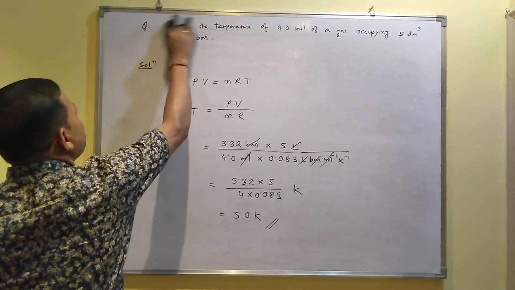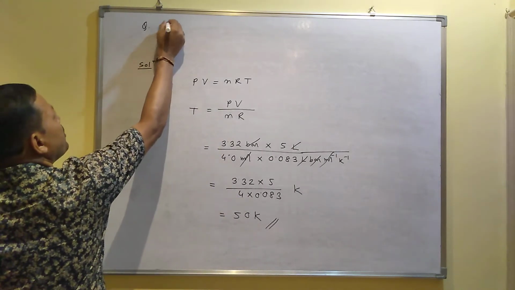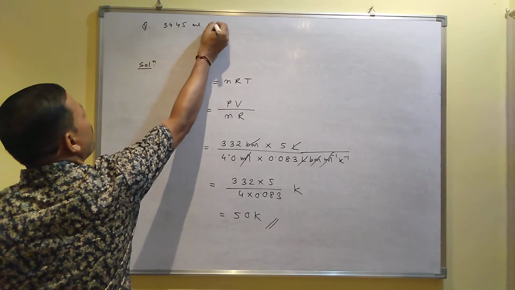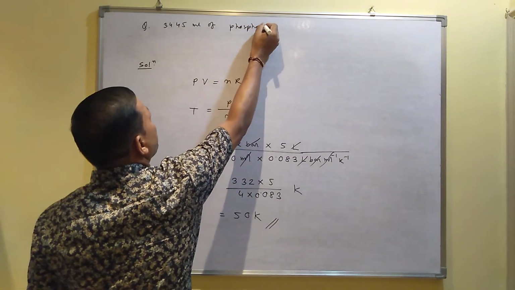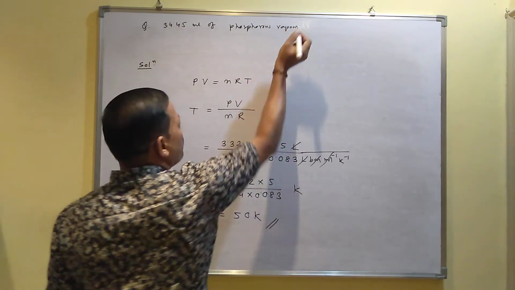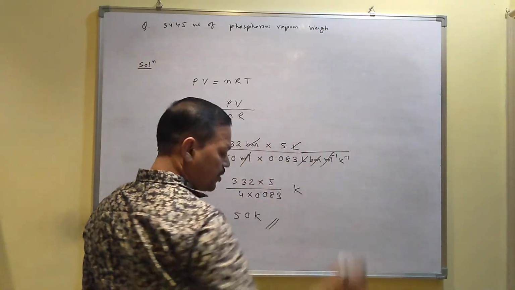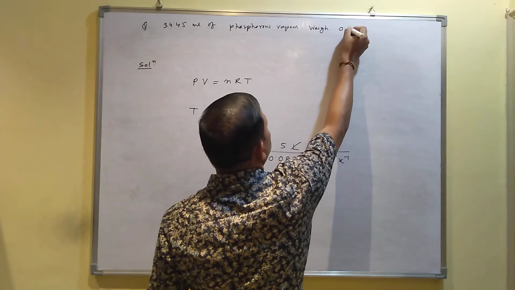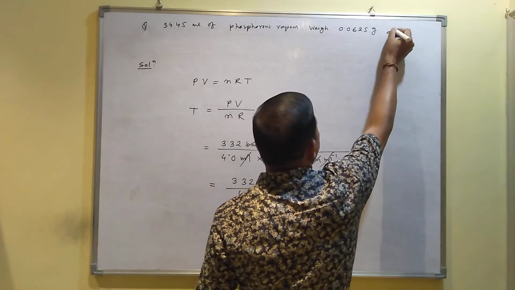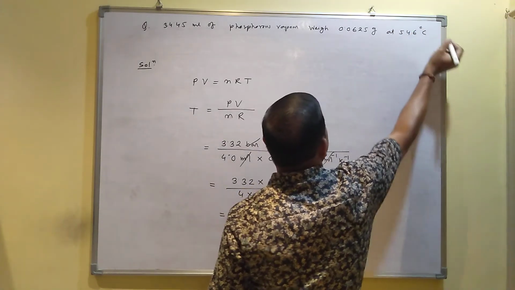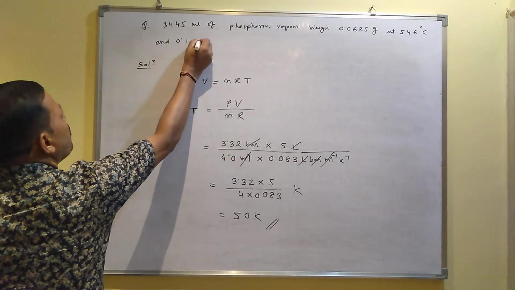Another question, by using the ideal gas equation: 34.45 milliliter of phosphorus vapor, I mean phosphorus gas, weighs 0.0625 gram at 546 degrees Celsius and 0.1 bar pressure.